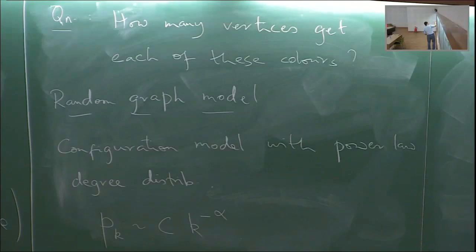And this matching could create multiple edges, and it could create self-loops, okay? So for each vertex, pick a degree d_v at random, and create d_v half edges.